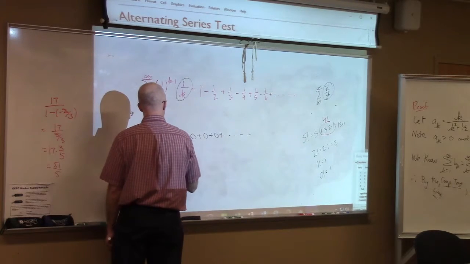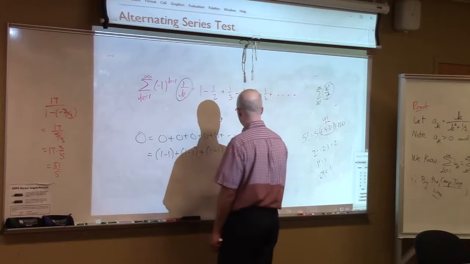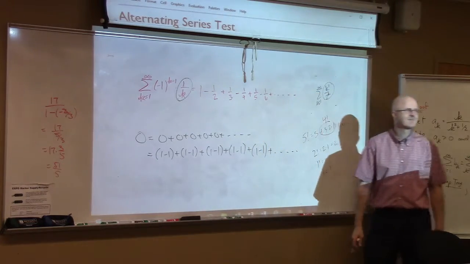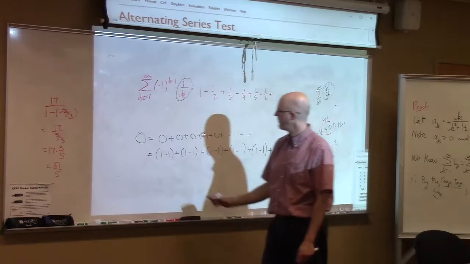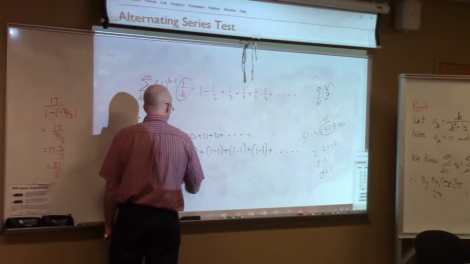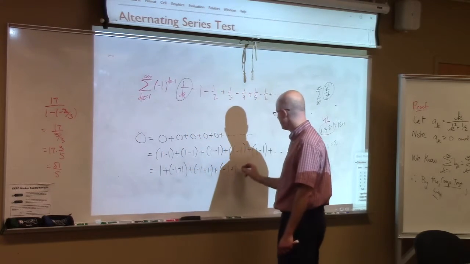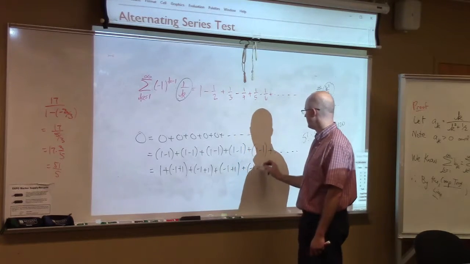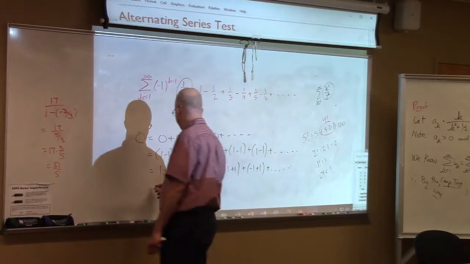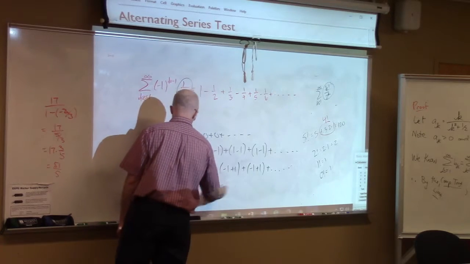So this is the same as 1 minus 1 plus 1 minus 1 plus 1 minus 1 plus 1 minus 1 plus 1 minus 1 forever and ever. And by the associative property, this is the same as 1 plus -1 plus 1 plus -1 plus 1 plus -1 plus 1 plus -1 plus 1 forever, which I hope you would agree is the same as 1 plus 0 plus 0 plus 0 plus 0 forever, which is 1.